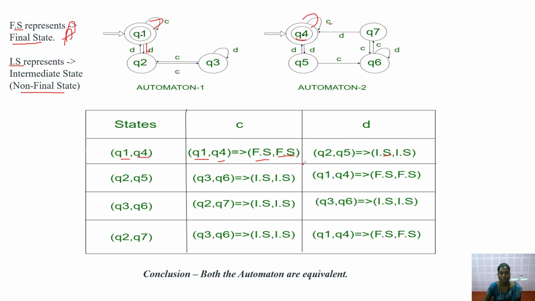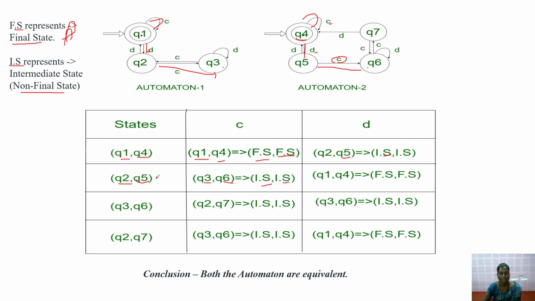Next, Q4 to Q5 on D symbol, intermediate state. Next, Q2 to Q3 on D symbol goes to an intermediate state, Is. Next, Q5 to Q6 on C symbol, intermediate state, Is.